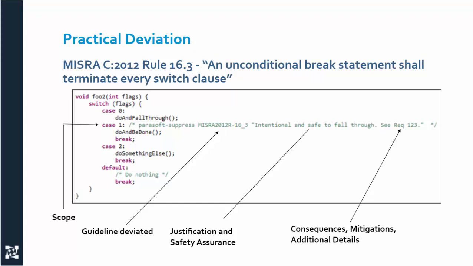Now, in this code, you see here a switch statement that violates Rule 16.3. It states that every switch clause shall or must have an unconditional break. However, the developer wants to flow into case 1 from case 0, but this triggers the violation rule for 16.3.